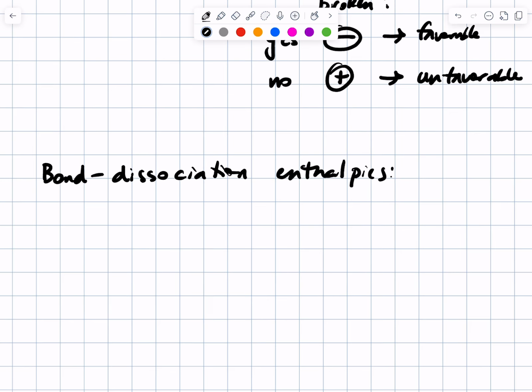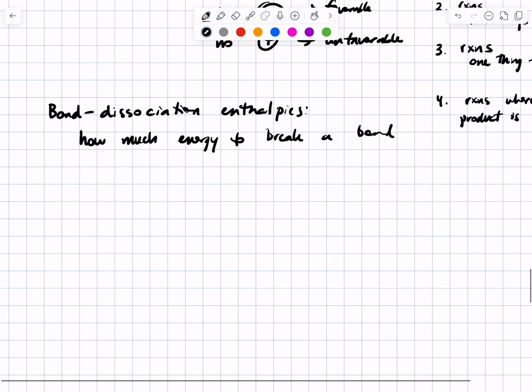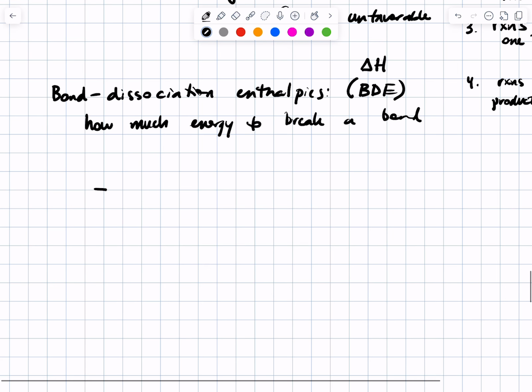So what is a bond dissociation enthalpy? It is essentially how much energy you have to put in to break a bond. Sometimes people call bond dissociation enthalpies BDE. Sometimes they call it delta H with the degree sign, that's fine.